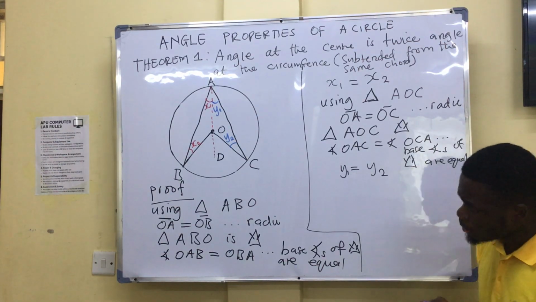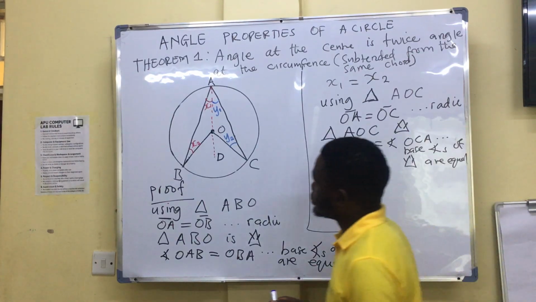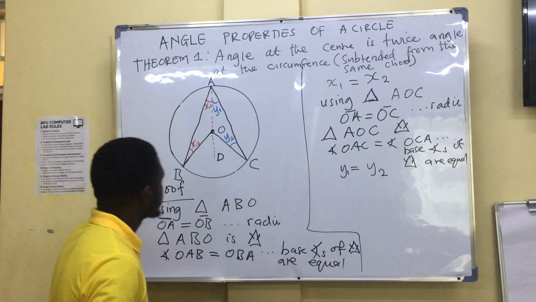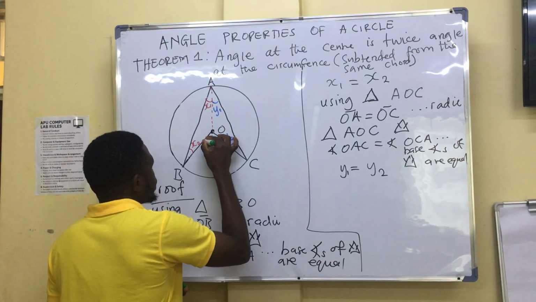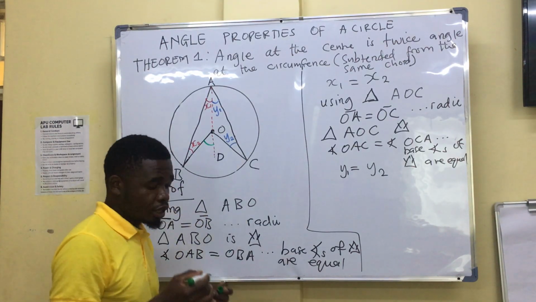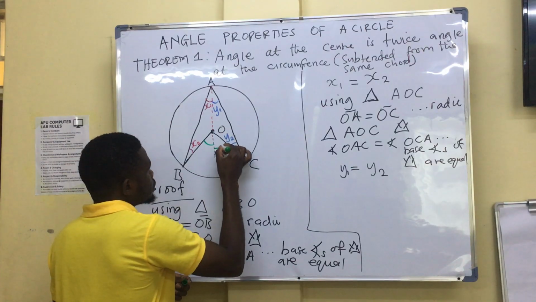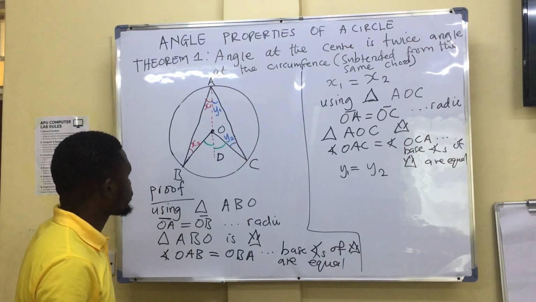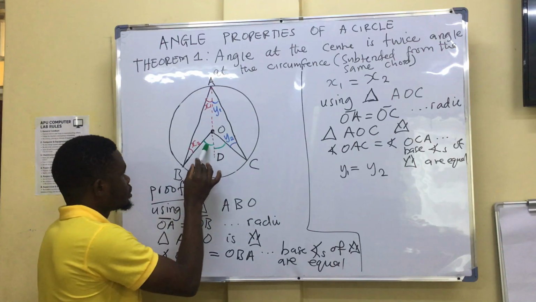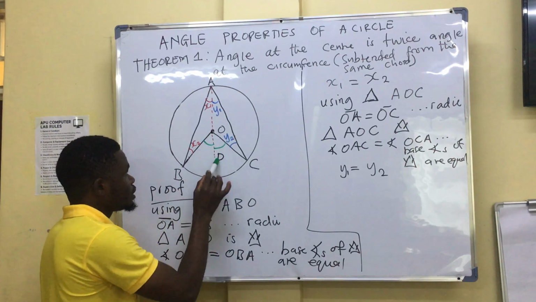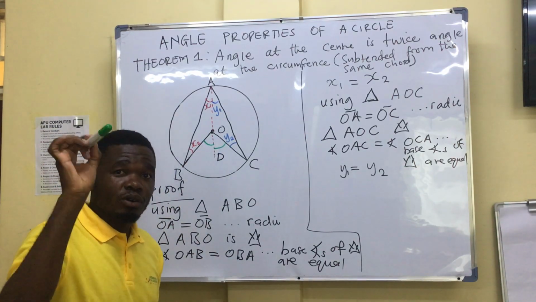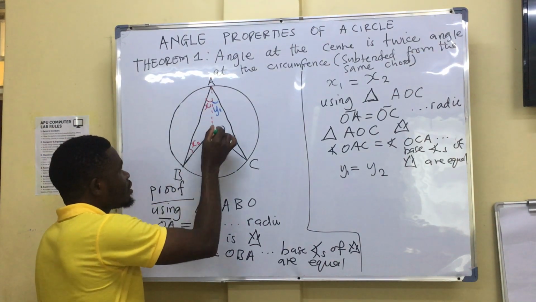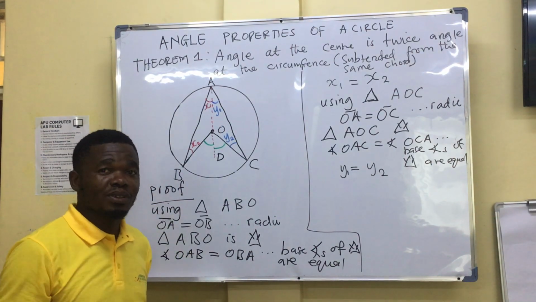Fine. But we know that we have this angle here, we have this angle here, and we also have this angle, right? So this angle, which is angle BOD, is an exterior angle over triangle ABO. It's outside that triangle, so it's an exterior angle.